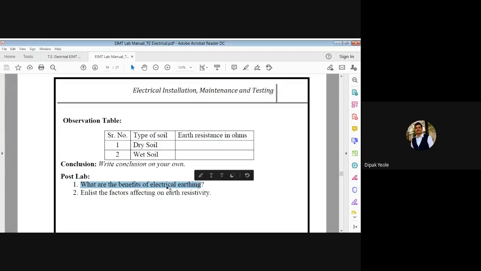So if we maintain the electrical earthing properly for our electrical equipment, the first benefit is the safety of the operator as well as the safety of our electrical equipment. That is an important or major part of having good electrical earthing.